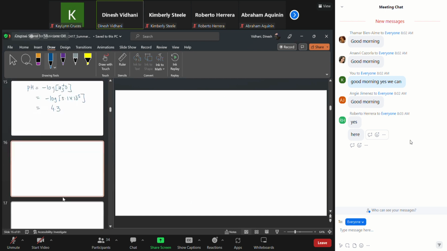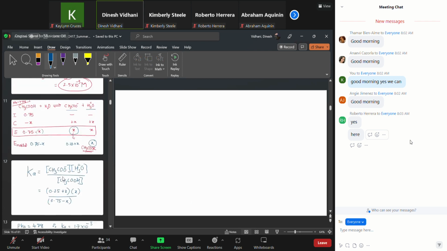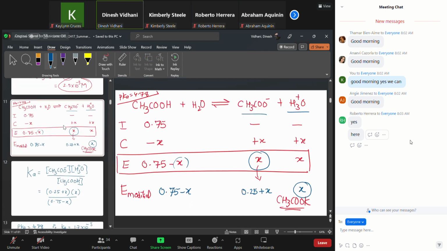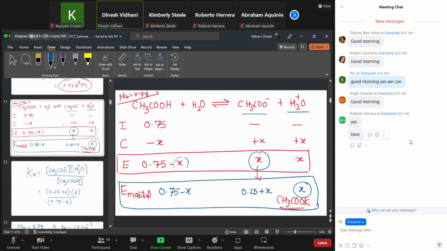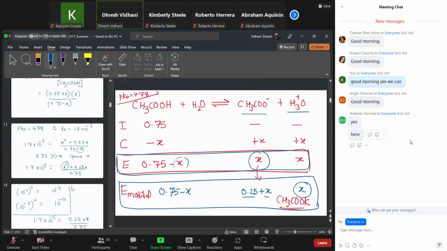I'm going to use the same values the way we had it here. But suppose I'm not adding this from outside, so there is no 0.25 plus x in the solution. Whatever I have is my first equilibrium, so I'm going to write it exactly as it is.